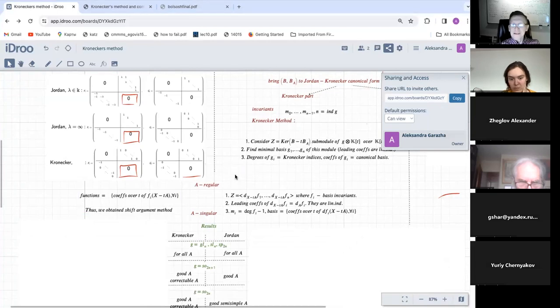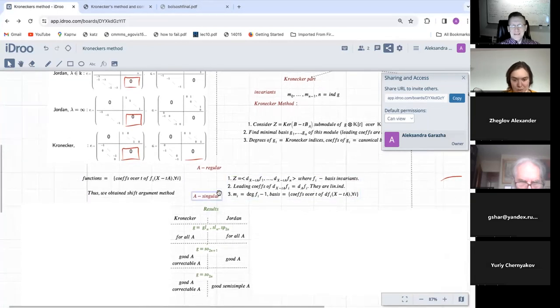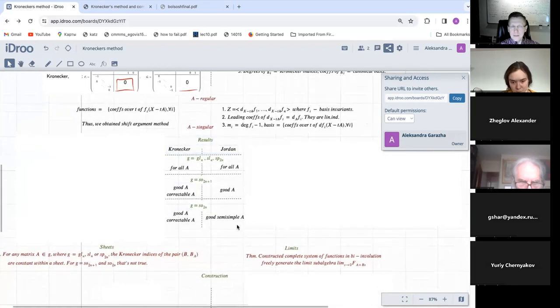My goal was to apply the same thing in the case of singular element A. And here I just show the results. So for Lie algebras GLN, SLN, and SP2N, the problem was solved for any element A. For the case of SO2N plus 1, I could find a Kronecker part in two cases: when element A is good and when element A is correctable.